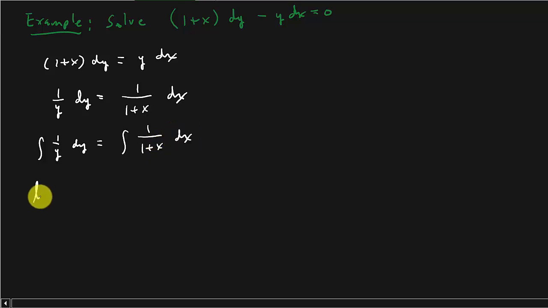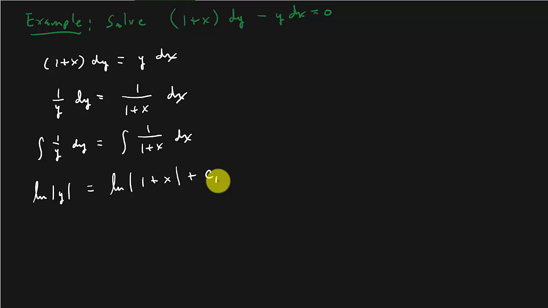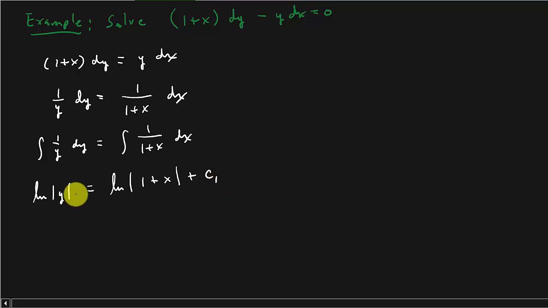And that's going to give me the natural log of y is equal to the natural log of 1 plus x plus, now let's write this as plus c1. Now whenever you're doing that, there's no need to put a constant on the left hand side.